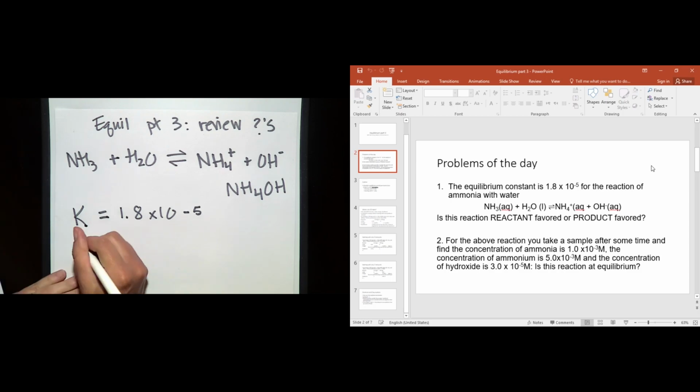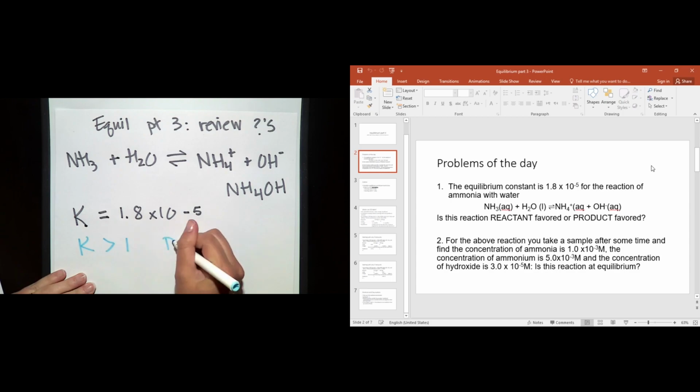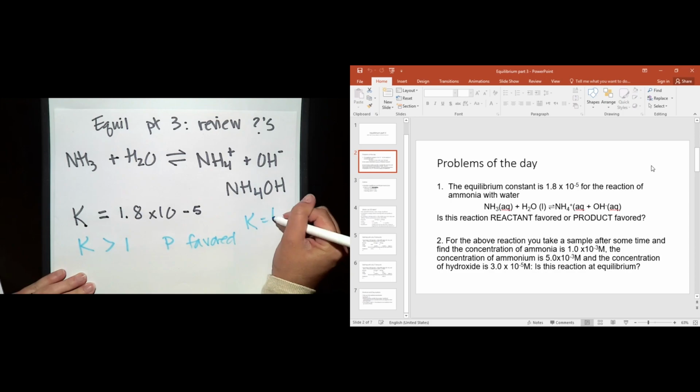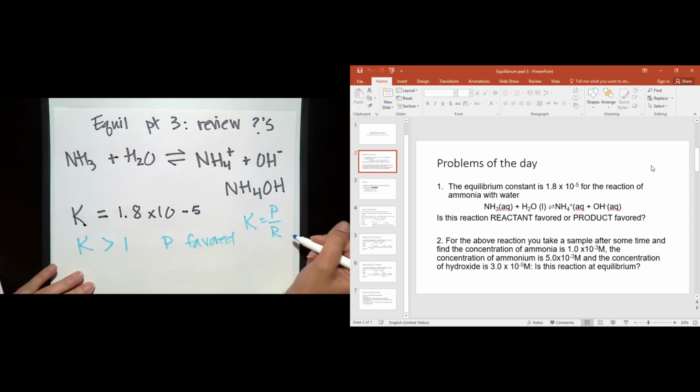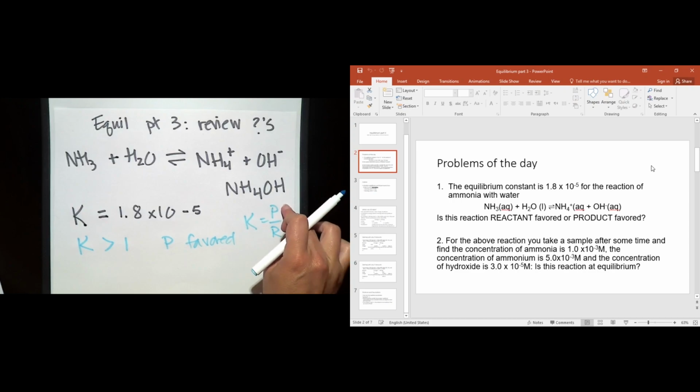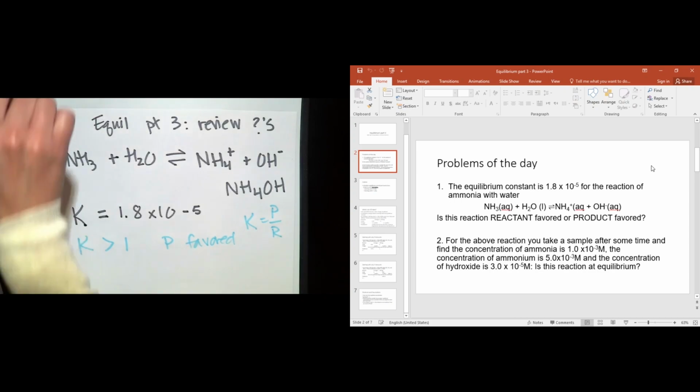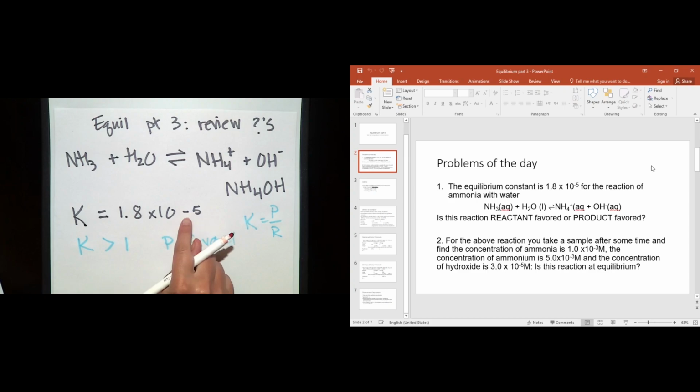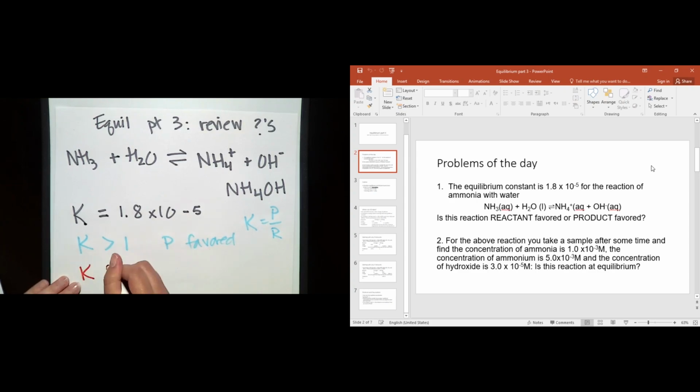Remember, if K is greater than 1, it's called product favored, because our ratio for K is products over reactants. When K is greater than 1, that means we have a larger amount of product, the numerator, and a smaller amount of reactant, the denominator. This is a really small number. That negative exponent is a dead giveaway.